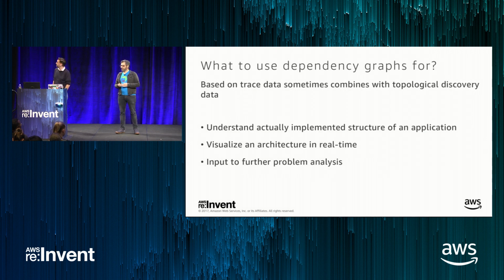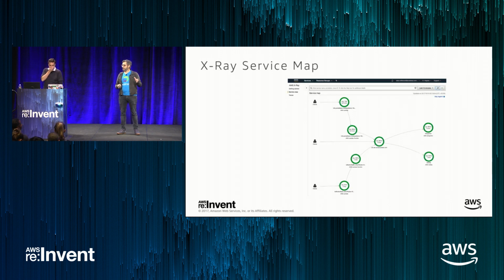So maybe we can impress with the dependency graphs. Dependency graphs use this tracing data and add structural information, topology information to it, to know where this trace is running on. We talked about that before. And this is what you get through X-Ray. This dependency graph gives you a full overview of your system, how those different tiers are connecting to each other, timing information, and also the clients that are accessing this infrastructure.